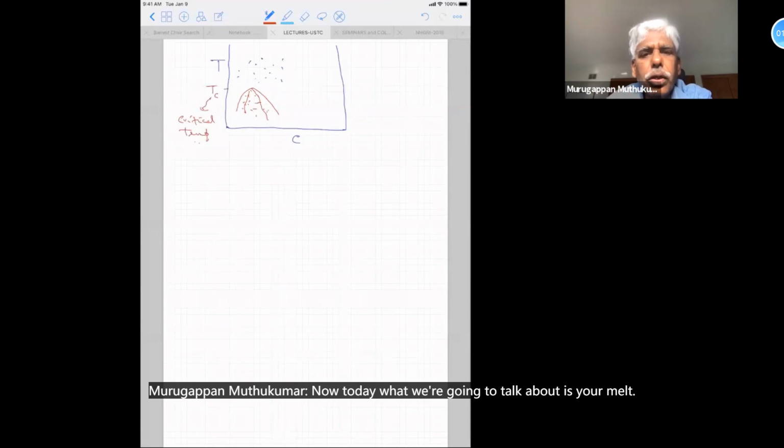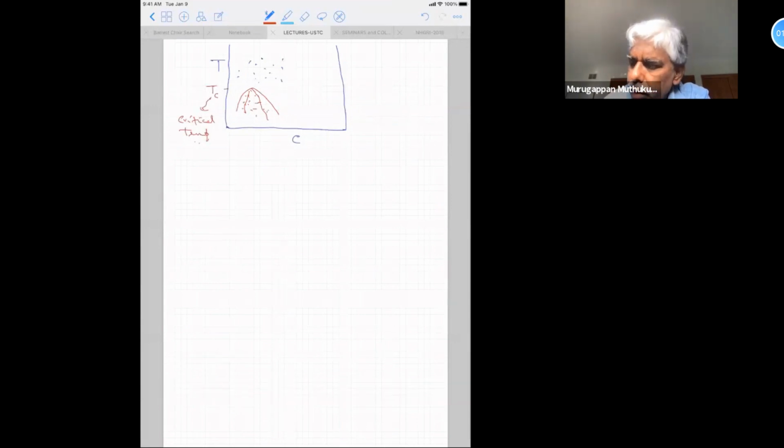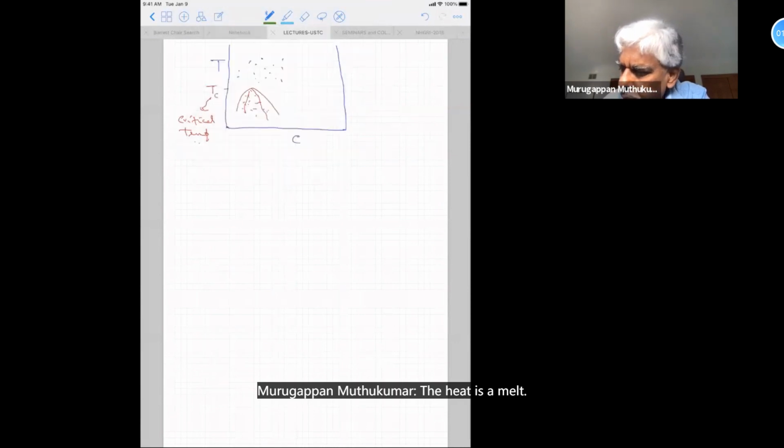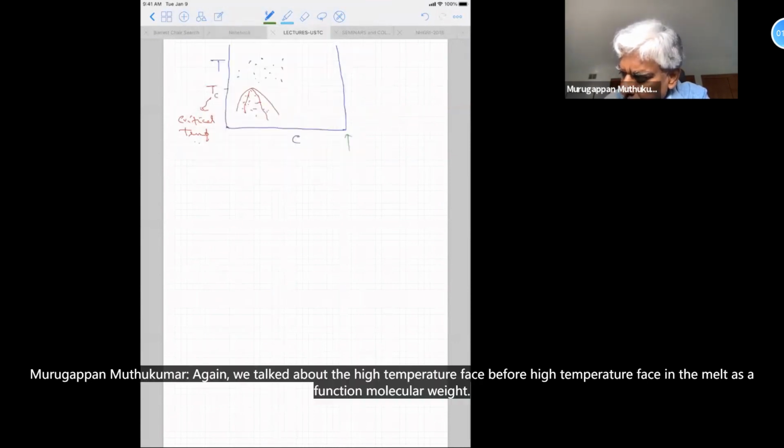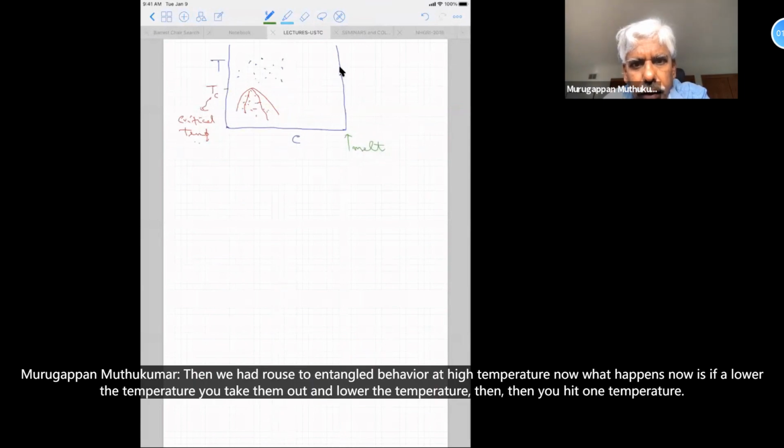Now today what we're going to talk about is a melt. Now here is a melt. And again, we talked about the high temperature phase in the melt as a function of molecular weight. Then we had Rouse to entangled behavior at high temperature.